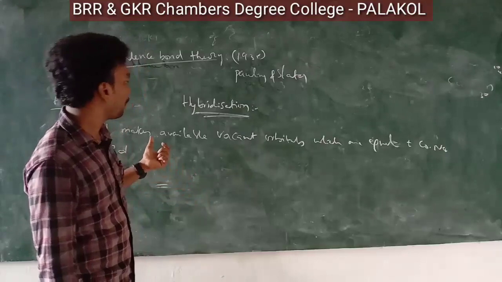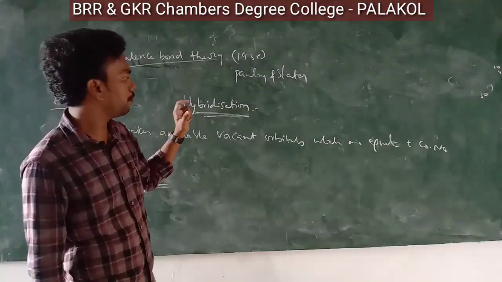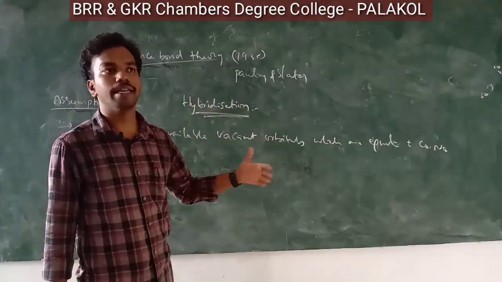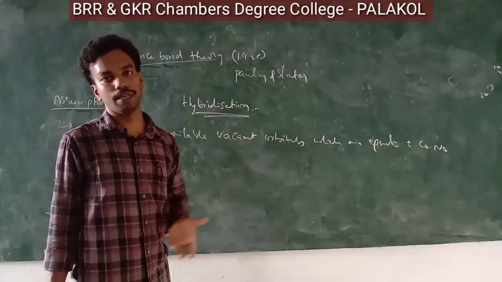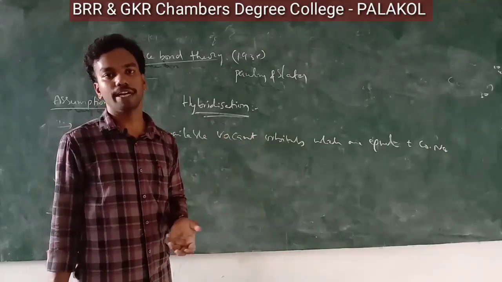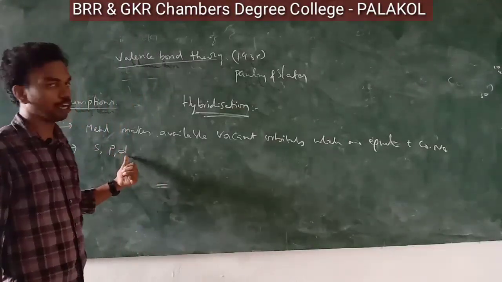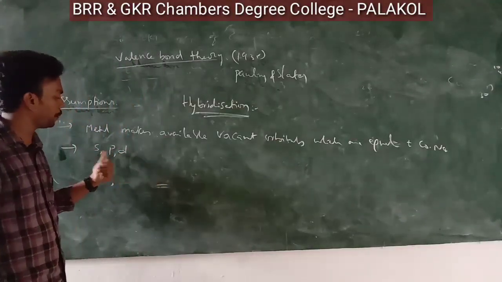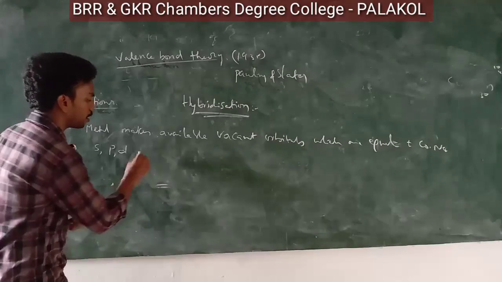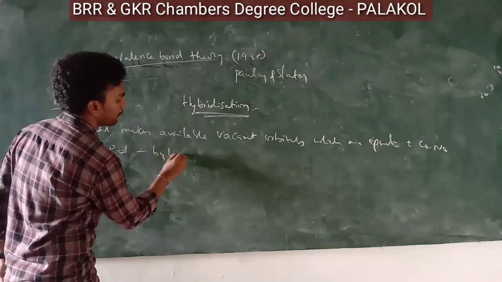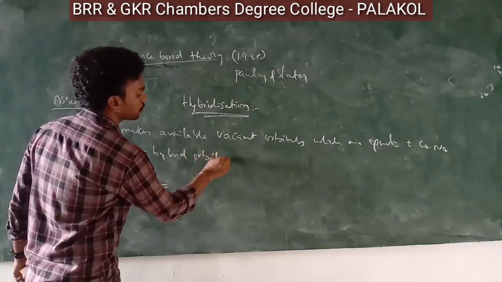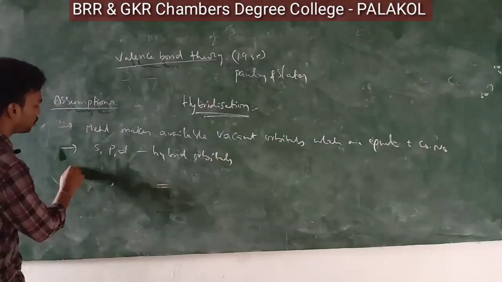The number of hybrid orbitals produced is equal to the number of vacant orbitals involved in the mixing, that is the s, p, d orbitals. That is point number two.